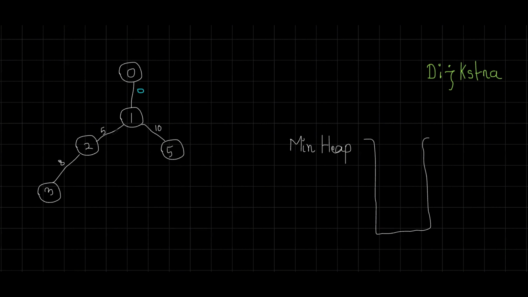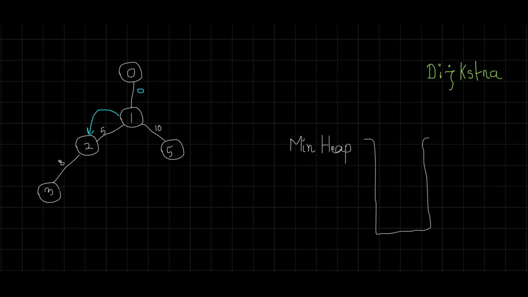Person 1 and person 2 are connected, and person 1 needs 5 units of time to share the secret with person 2. Person 1 needs 10 units of time to share the secret with person 5. Similarly, person 2 will take 8 units of time to share the secret with person 3.